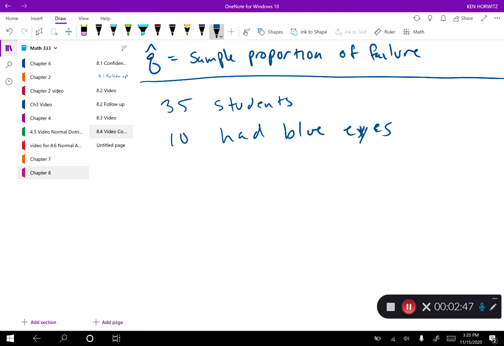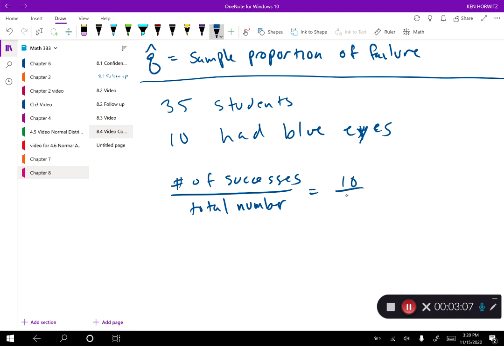In order to make a proportion out of this, we would do the number of successes over the total number. So in this case, that would be 10 out of 35, and we can simplify that to 2/7.